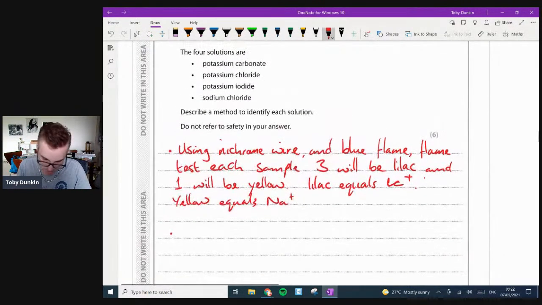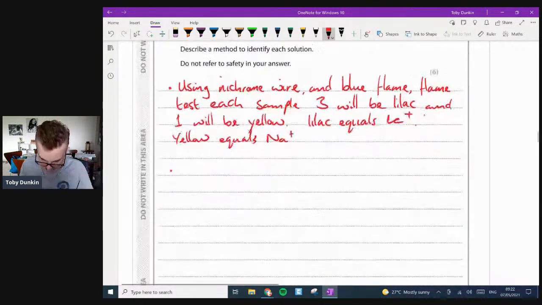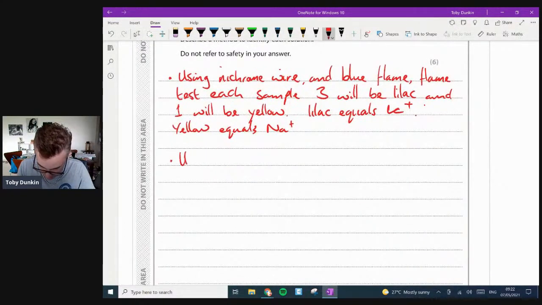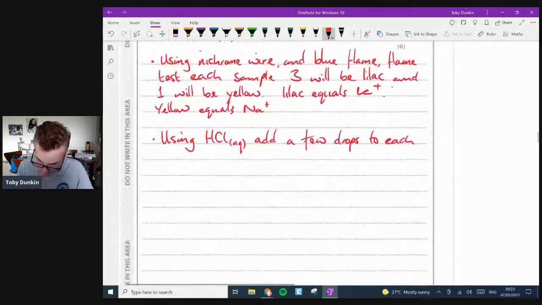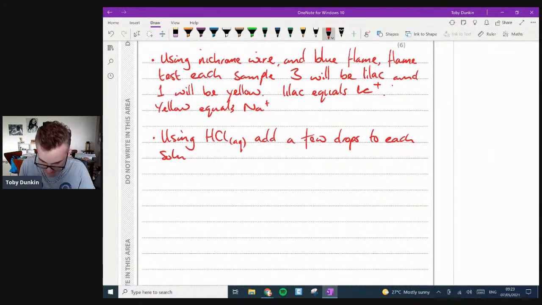What we now need to do is identify the carbonate. That's an easy one. Yeah, let's add acid. Using hydrochloric acid, HCl aqueous, add a few drops to each solution sample.